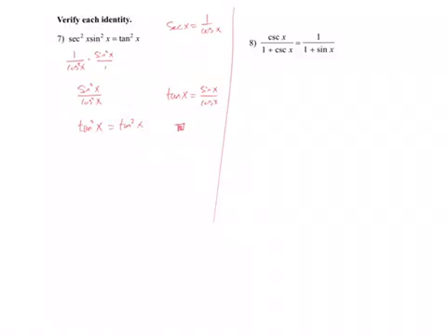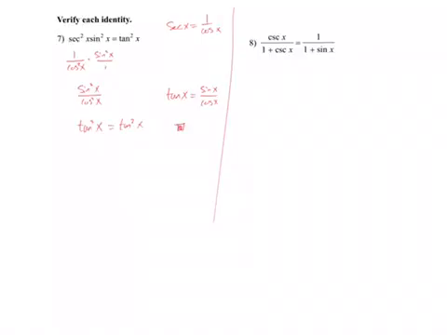Alright. Let's try another one. A trick that you can use for these is that sometimes it's just easier to change everything into sines and cosines. And then you can simplify it down, kind of as a way to break that down.